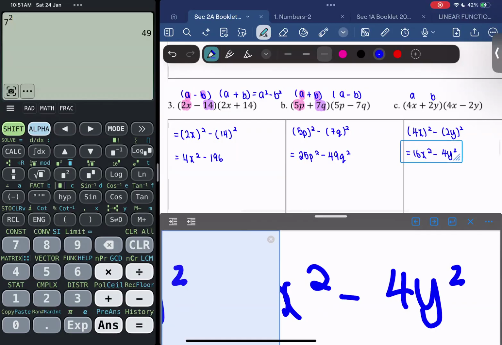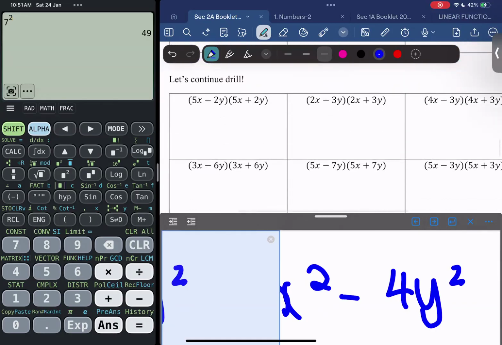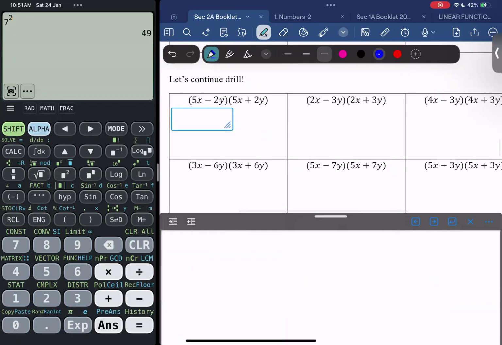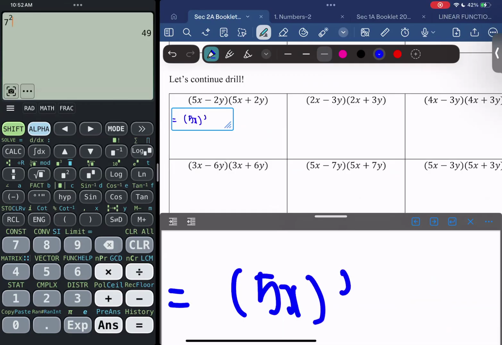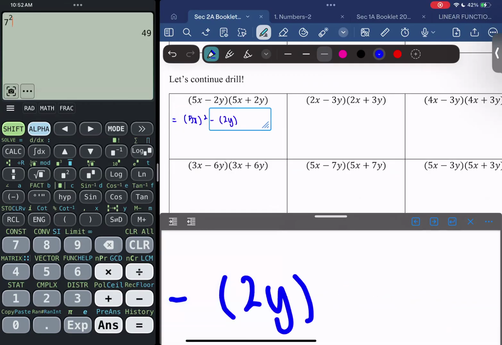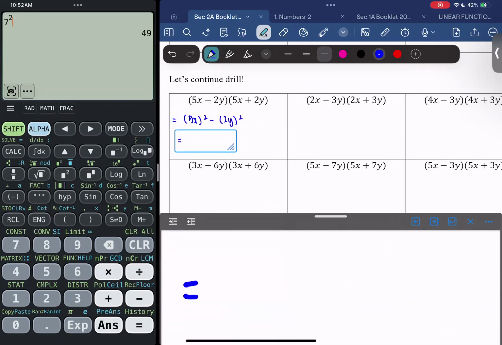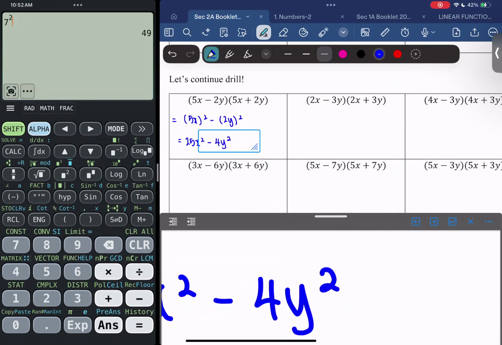Okay, last 9 minutes. Let's go. Who do I start with? Oh, Bernice, let's go. 5x to the power of 2 minus 2y to the power of 2. It will be 25x to the power of 2 minus 4y to the power of 2. Yeah, very good.